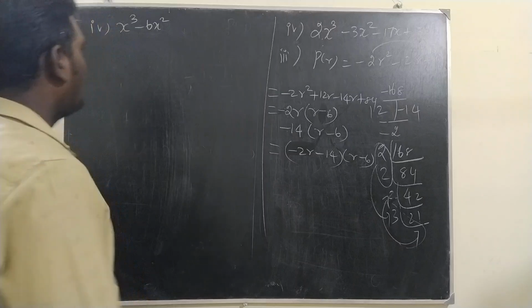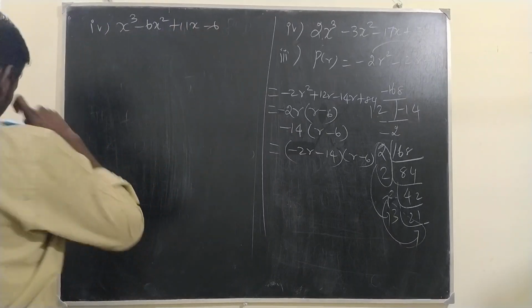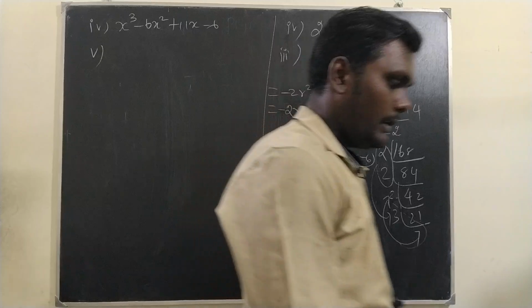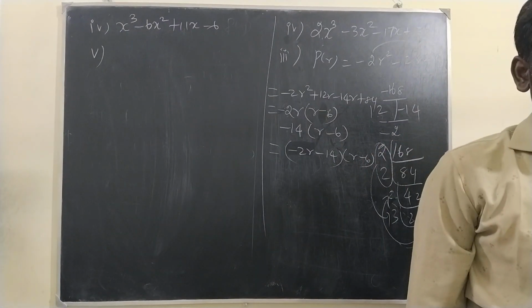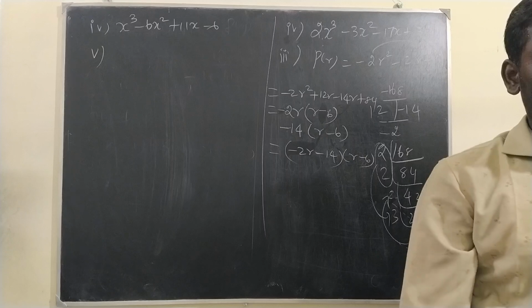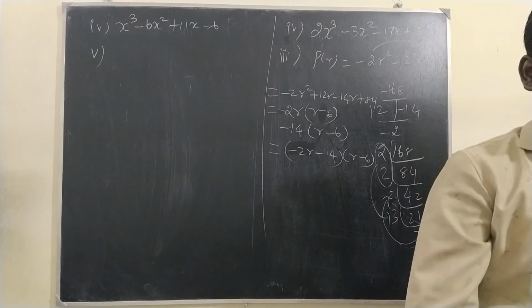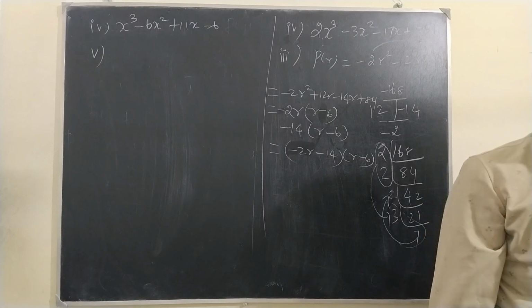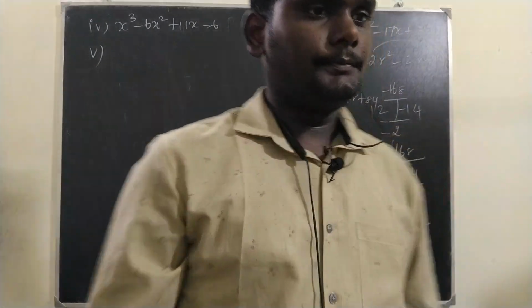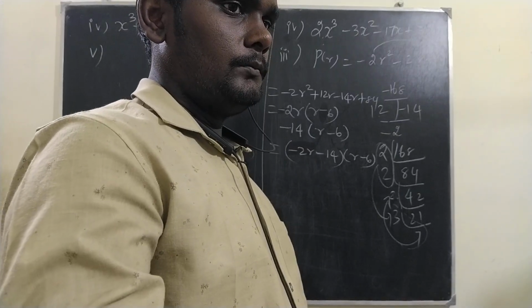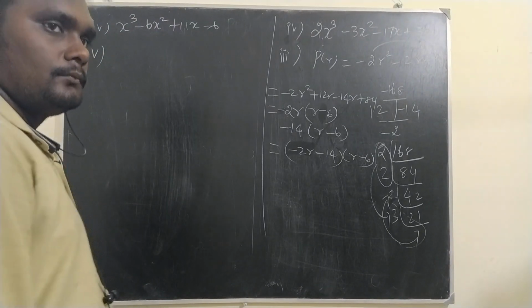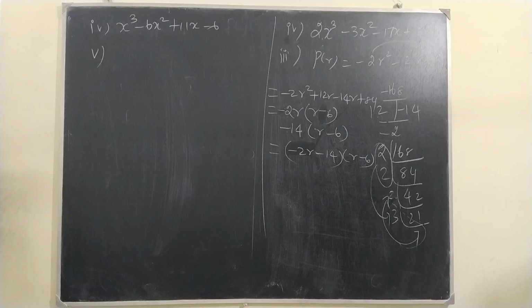Minus 6x square plus 11x minus 6. This question, anybody solved? Do it. Come on, make it fast.